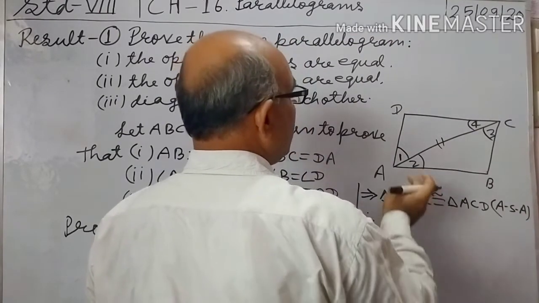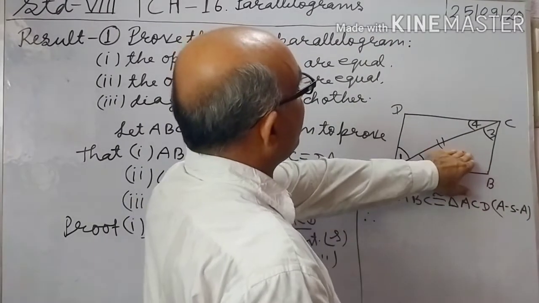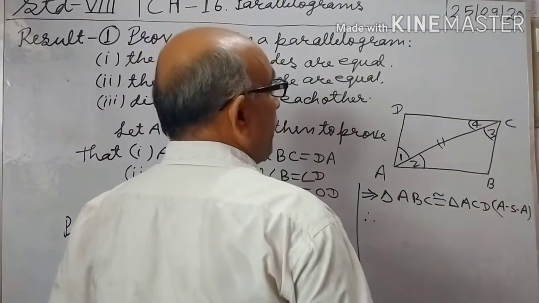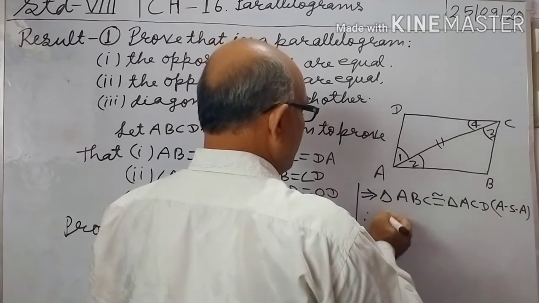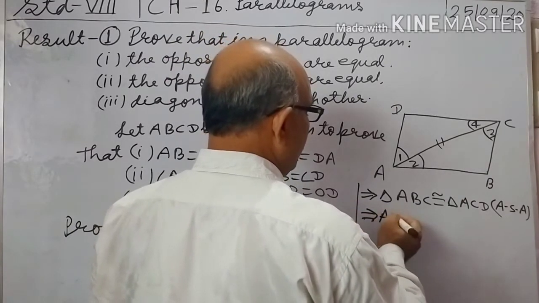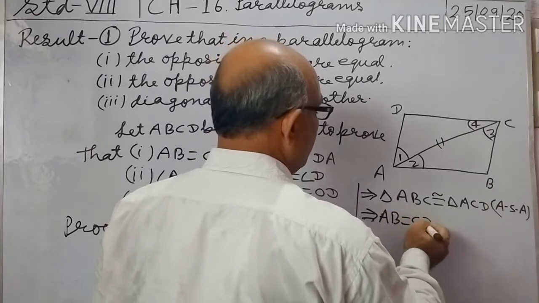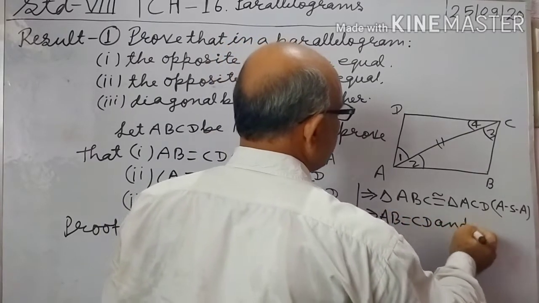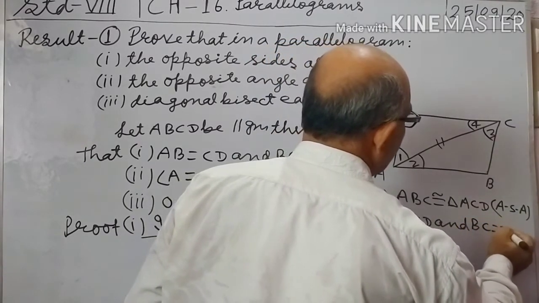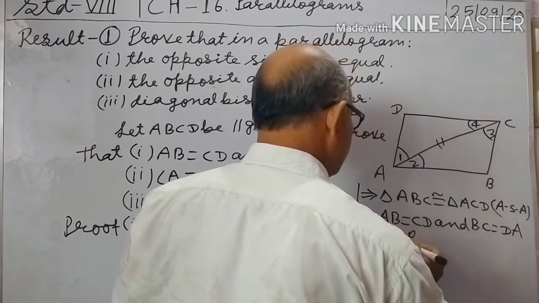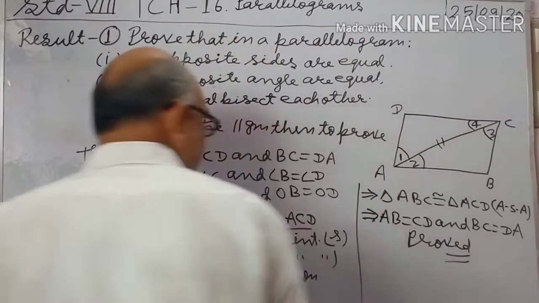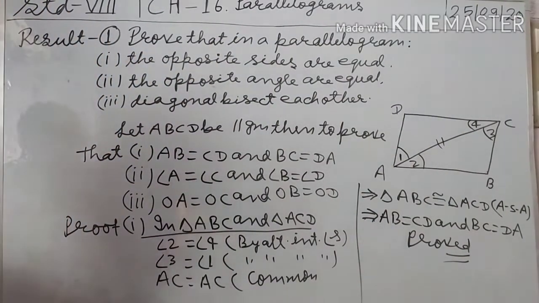Therefore, when triangle ABC is congruent to triangle ACD, then corresponding sides are equal. So AB equal to CD and BC equal to DA. Proved. Right?